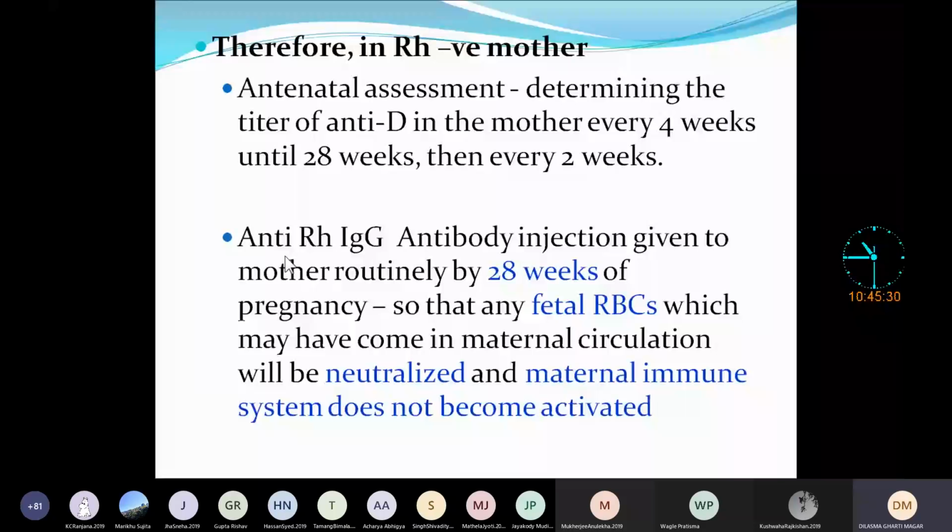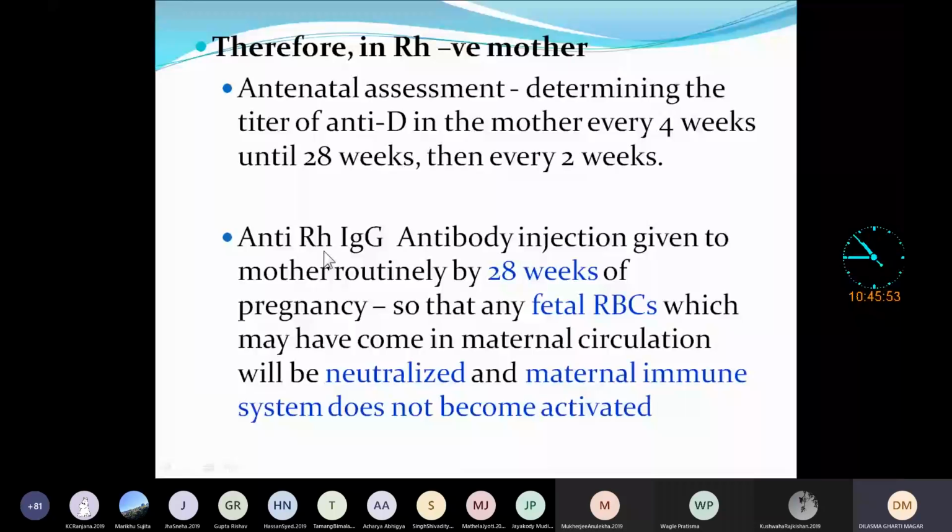The mother will be given the anti-Rh immunoglobulin injection by 28 weeks of pregnancy, so that whatever fetal RBCs are there in the mother's circulation will be neutralized. Now the fetal RBC will have the D antigen, isn't it?